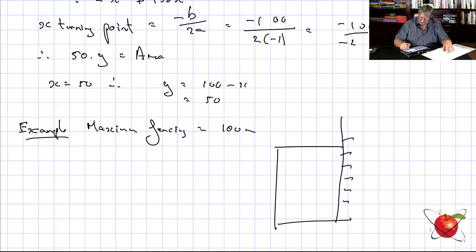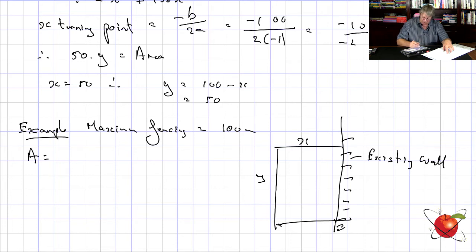This here, over there, is an existing wall, hedge, fence, anything. Could also be at the bottom. Same recipe, same things apply. We call the one x and the one y, and we say area is equal to x times y, and they want us to find out the maximum area.